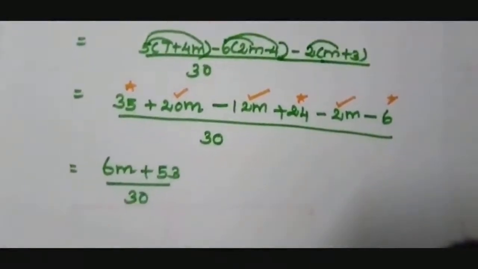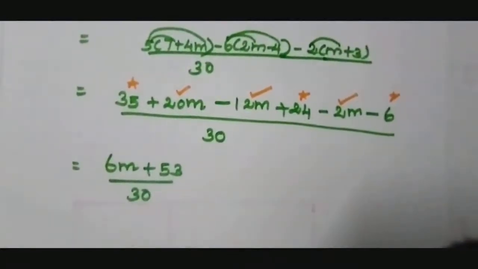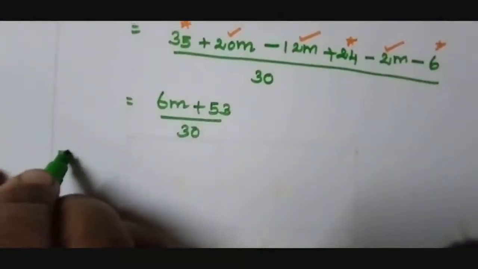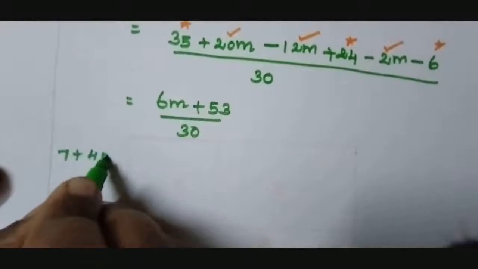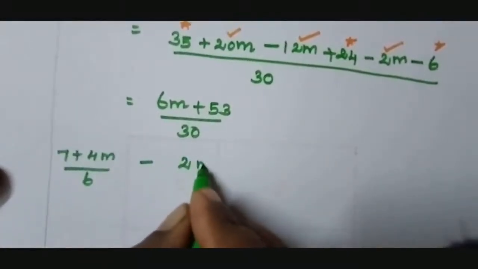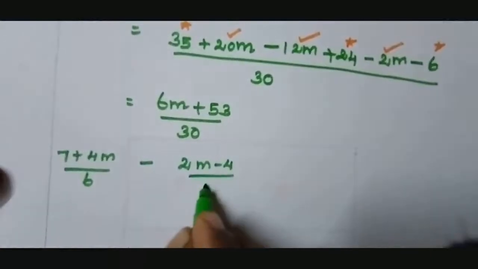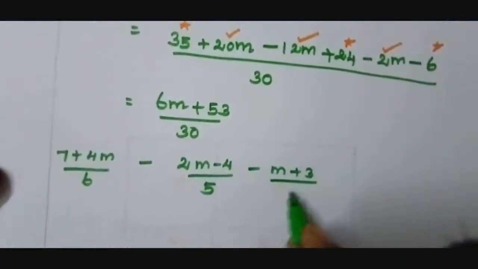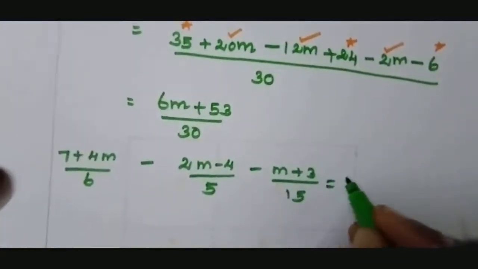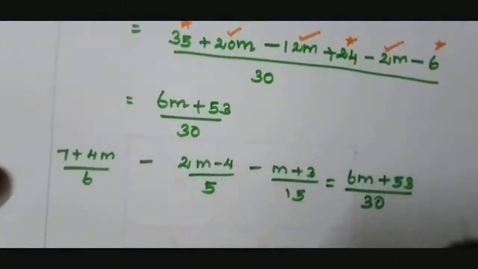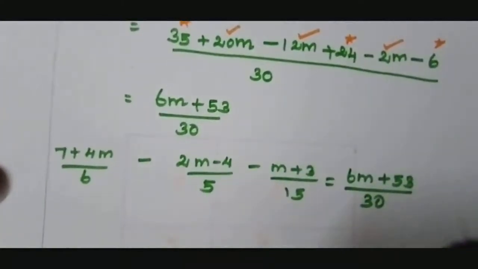So we cannot simplify this one further. So we can stop it here itself. So our answer is (7 + 4m)/6 − (2m − 4)/5 − (m + 3)/15 is equal to (6m + 53)/30. Is it clear, children? Yes.